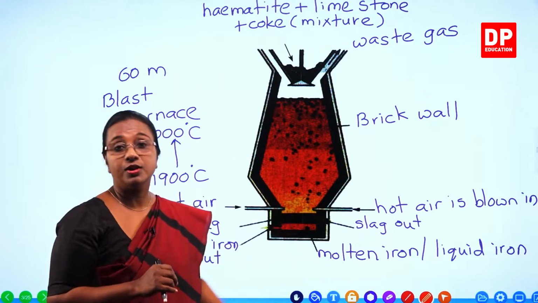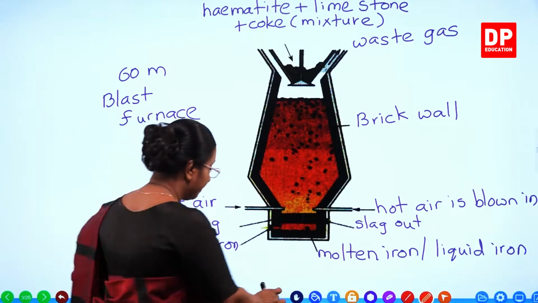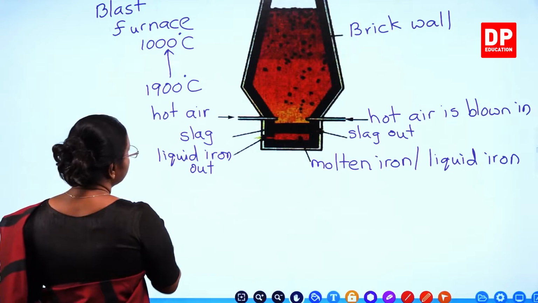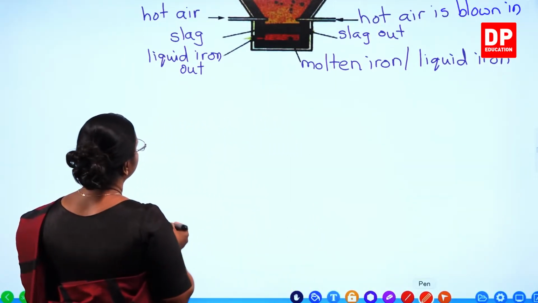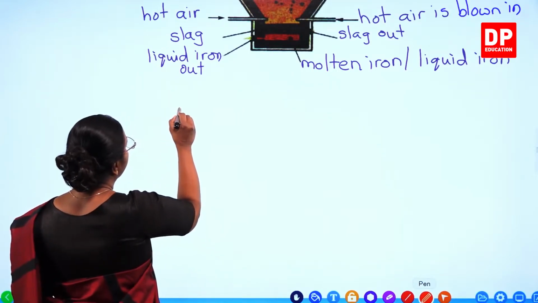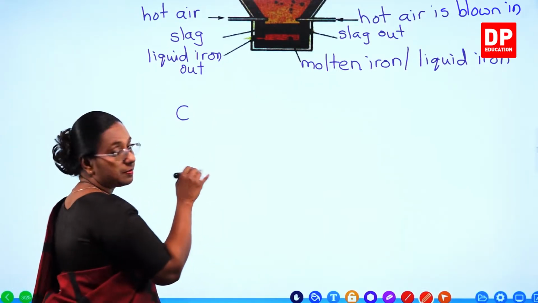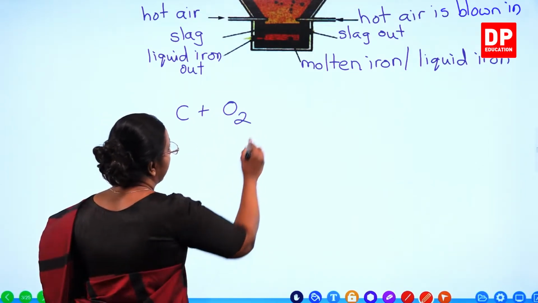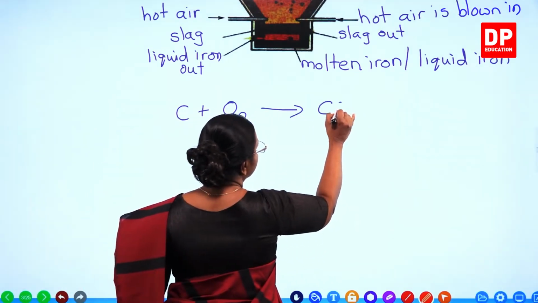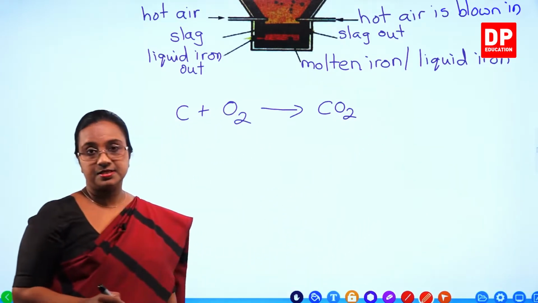I will explain all the reactions that are taking place. So here, if we consider the reactions taking place, initially we have carbon coke that reacts with oxygen in hot air, forming carbon dioxide first.